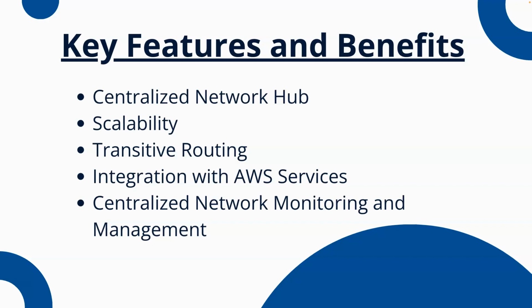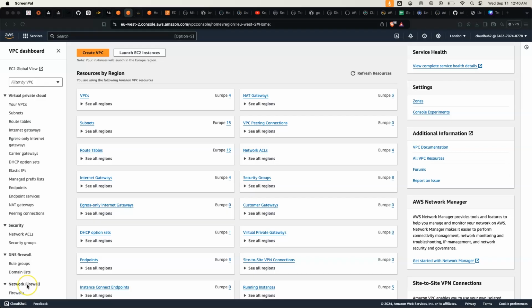Now that we've looked at what AWS Transit Gateway is, and we also looked at the key benefits of AWS Transit Gateway, now we will dive into the tutorials so that we see how to set up AWS Transit Gateway in real time.